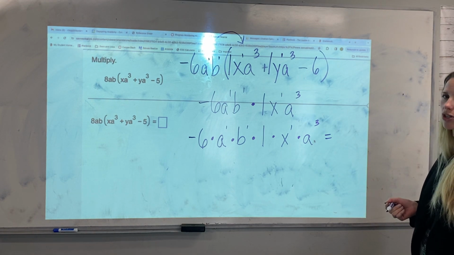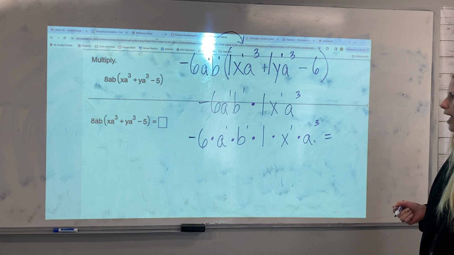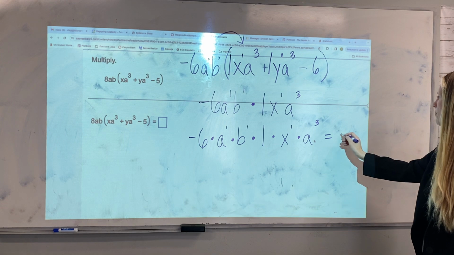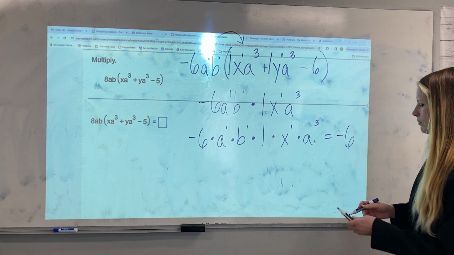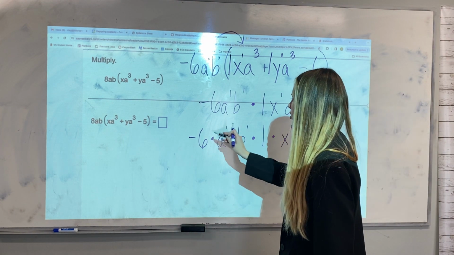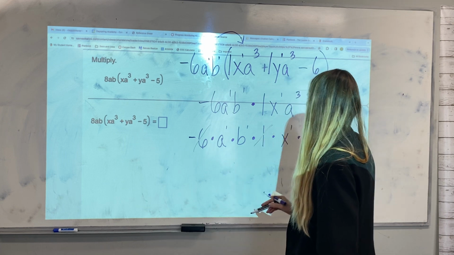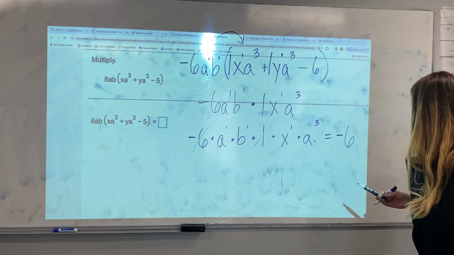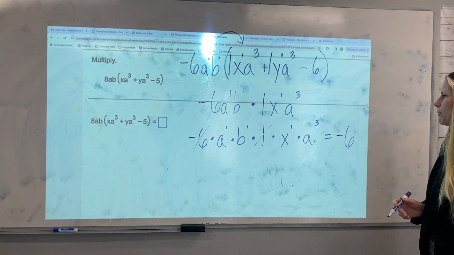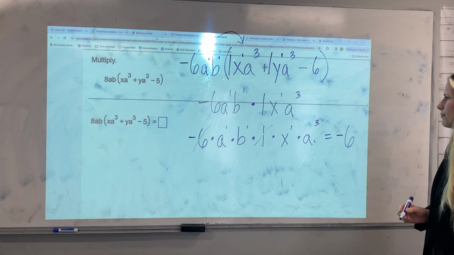We start with our coefficients. So what do we get? Negative 6 times 1 is negative 6. Good. Oh, you said negative 6, so I thought you were giving me the answer. You were just reading it. But that's good. So we got negative 6. Then what do I multiply? A squared, cubed.